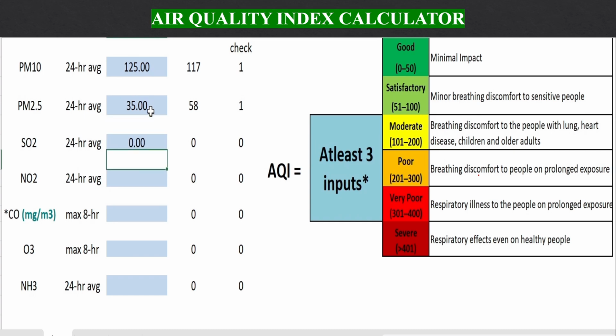If I put sulfur dioxide as 0, you can see that the check is 0. Accordingly I put in values and the sub-index is calculated.